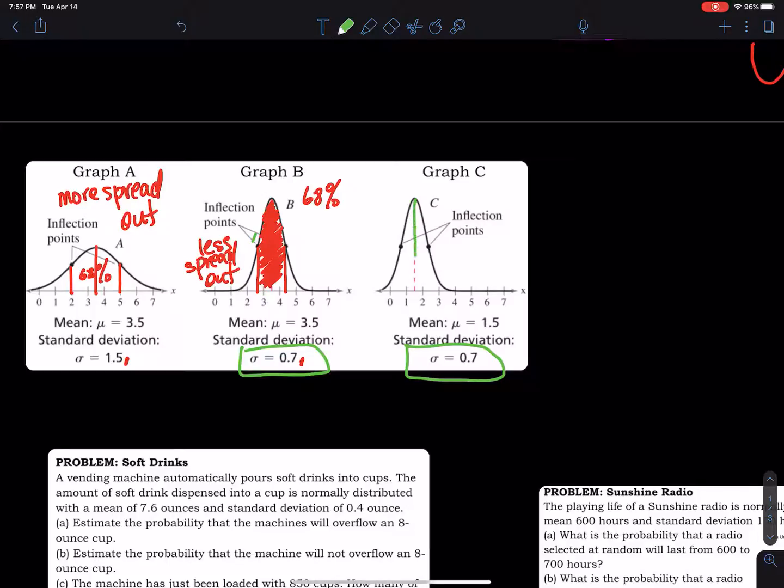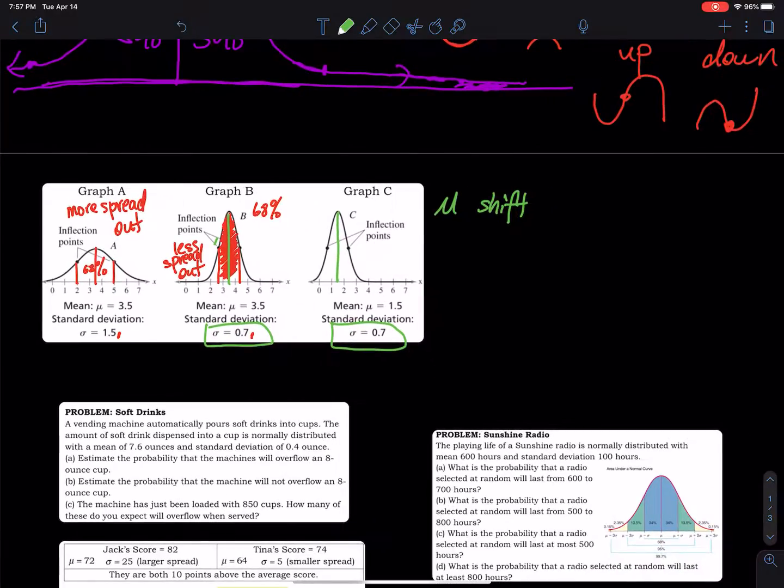Notice the only thing they have changed is they change what? They change the center. So in conclusion, if you change the mu, then you shift the center of the belt. If you change the sigma, you change the spread.